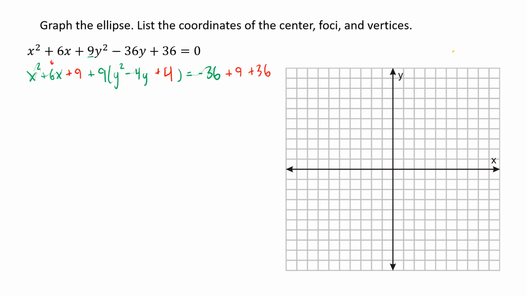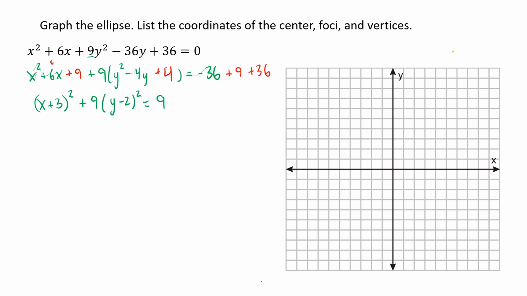After we clean up the left side, this is x plus 3 quantity squared, plus 9 times y minus 2 quantity squared, and that equals, since those 36's cancel on the right side, just 9.